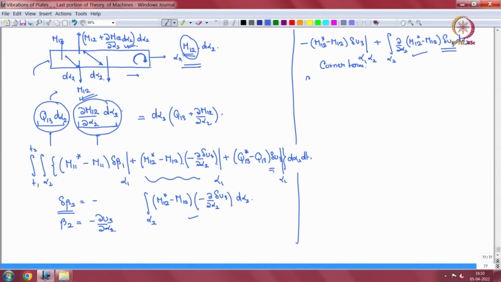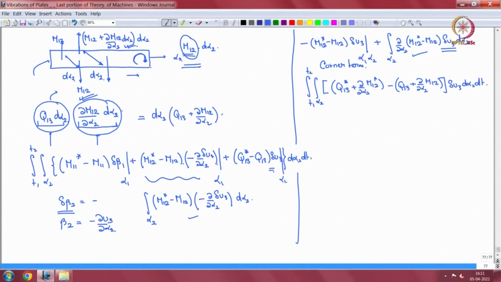We get integral T1 to T2 integral alpha 2, and I get Q13 star plus del alpha 2 M12 star minus Q13 plus del by del alpha 2 M12, delta U3 d alpha 2 dt.